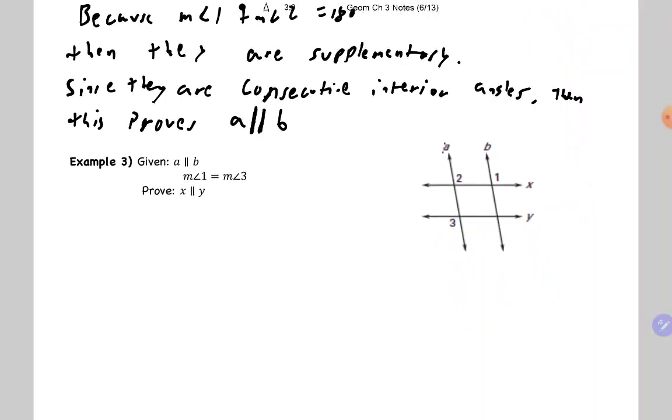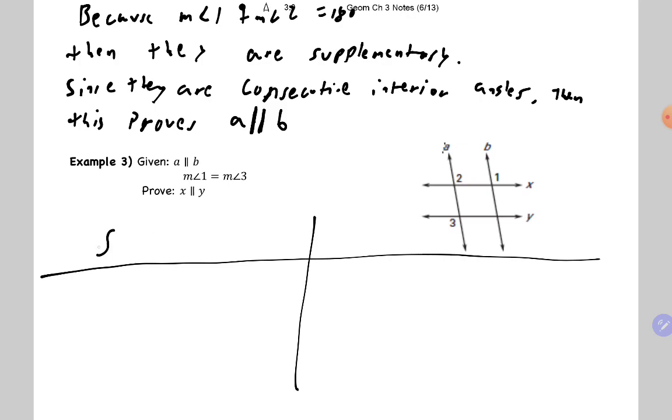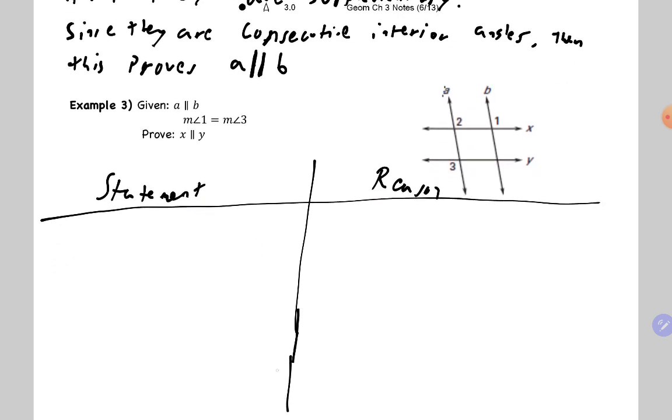All right, time for a proof. Here we go. Statement, reason. So whenever you're trying to do a full-blown proof, you always start out with what you're given. So A is parallel to B, given. And let's also tack on measure of angle 1 is equal to measure of angle 3, given. 2.